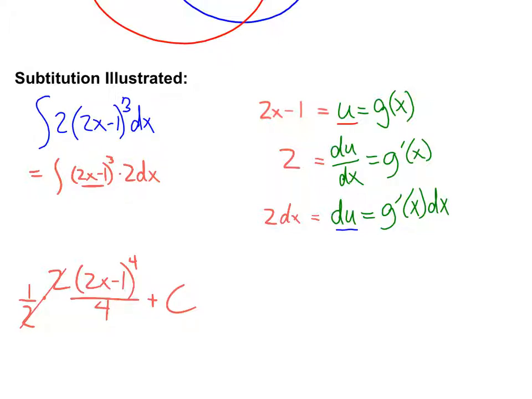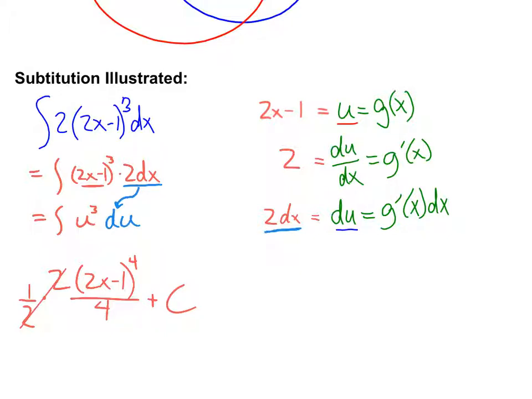So this is the integral of u to the 3rd. You'll also notice that over here we recognize that du equals 2 dx. Well, guess what? Here's a 2 dx, so I'm going to replace that with a du.